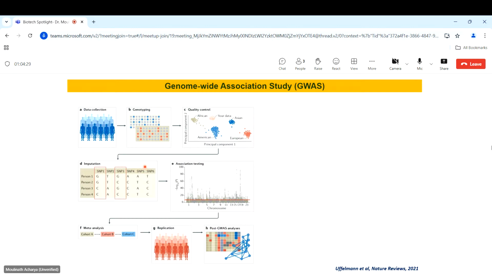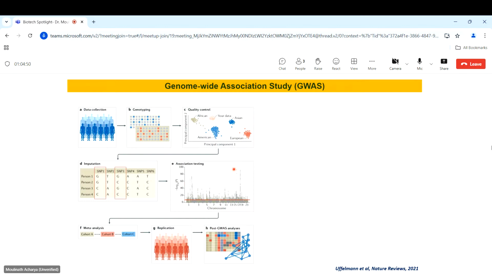So there are databases available like the 1000 Genomes data. Now we have GenomeIndia data. There you already have a lot more information for other SNPs, so that can be imputed into your study. So that's how it can be designed. So this is a statistically heavy process, but it can be done.